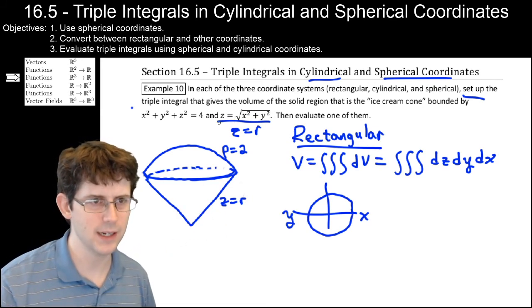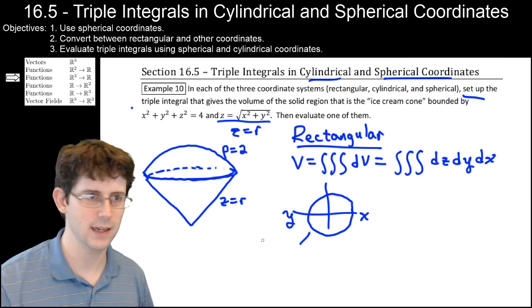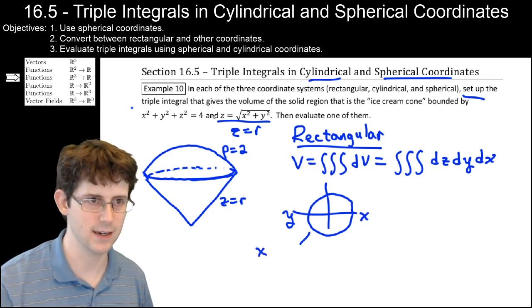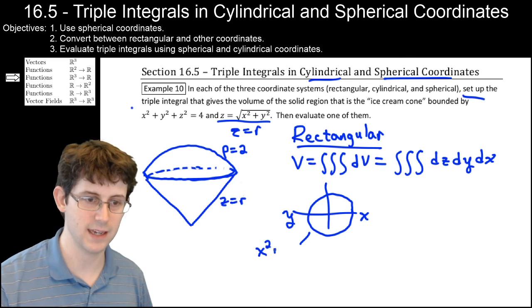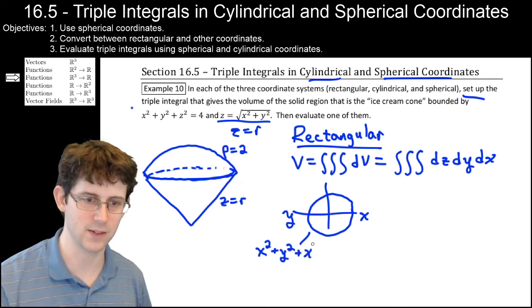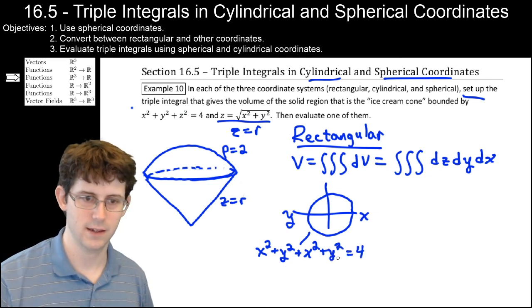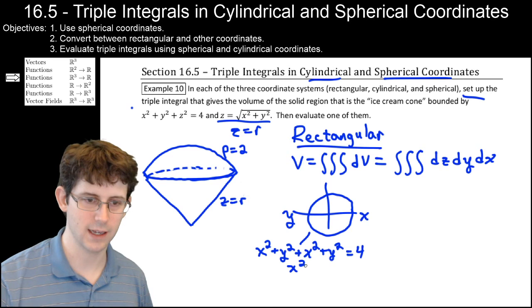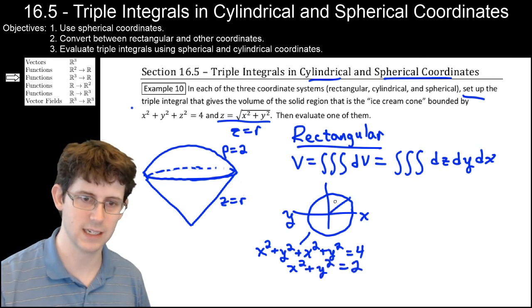Well, I'm just plugging one of the equations into the other to solve for their intersection. Plugging in z squared equals x squared plus y squared, I end up with x squared plus y squared plus another x squared plus y squared equals 4. If I divide both sides by 2, I get x squared plus y squared equals 2. So this is a circle with radius square root of 2.